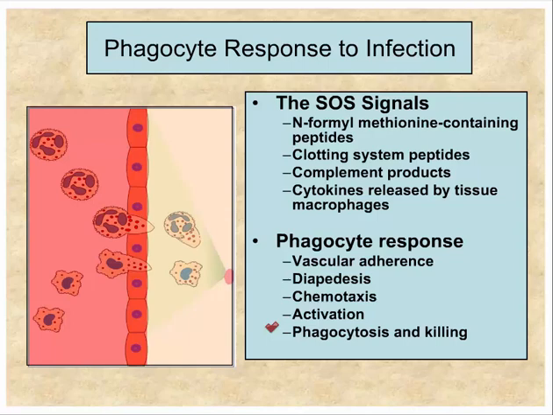In addition, activation can also mean the acquiring of a new function that they didn't have prior to that. So activation is used to refer to either of those situations, doing something better or acquiring a new function. And then what they do is they eat whatever particles are there at the site of the infection, and they kill them. Okay?